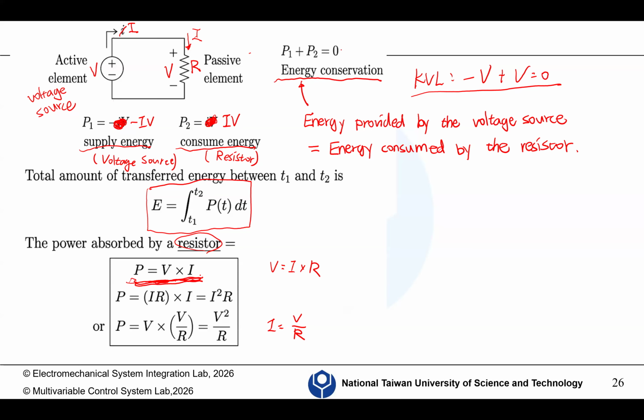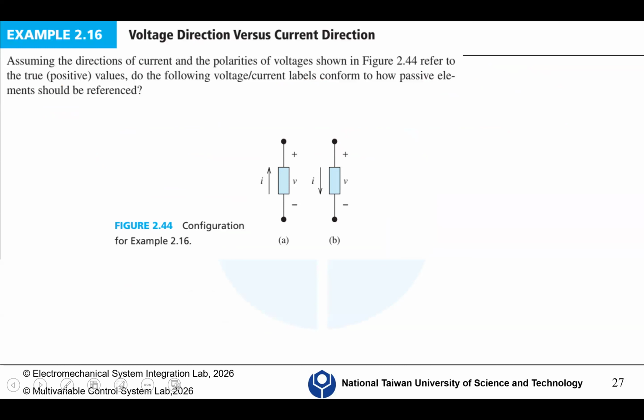Let's look at the next slides. We look at this example: voltage direction versus current direction. Assume the direction of current and polarities of voltage shown in this figure refer to the true values.